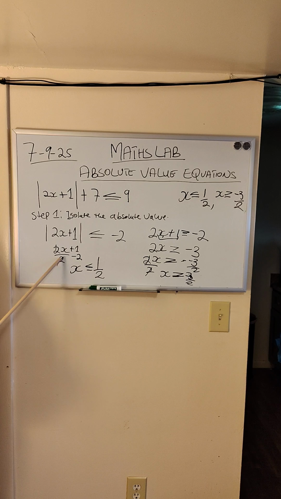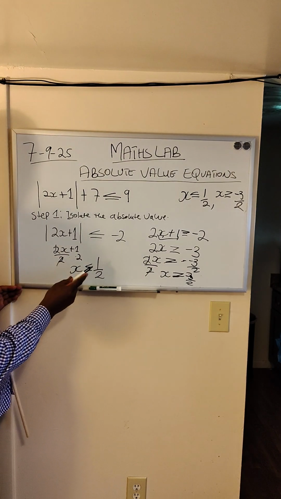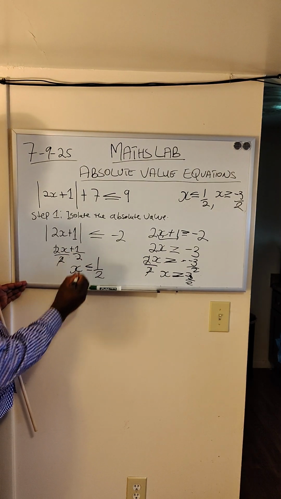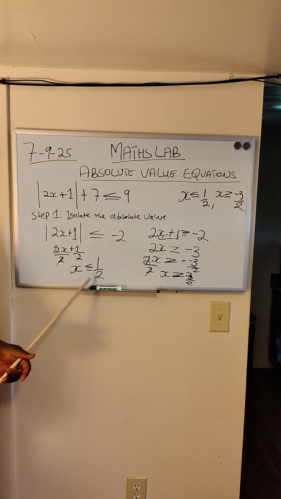So 2x divided by 2 gives us x is less than or equal to 1 over 2. We are dividing both sides by 2, and that's how we ended up with x is less than or equal to 1 over 2.